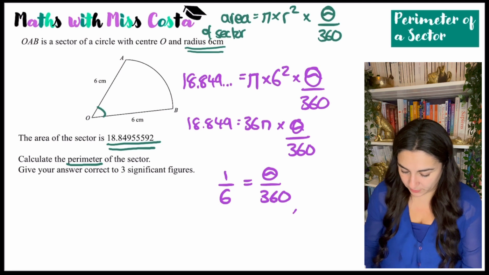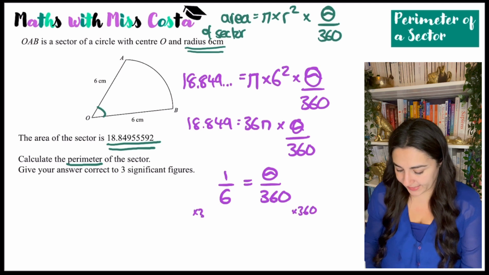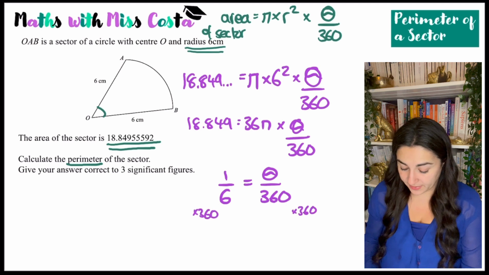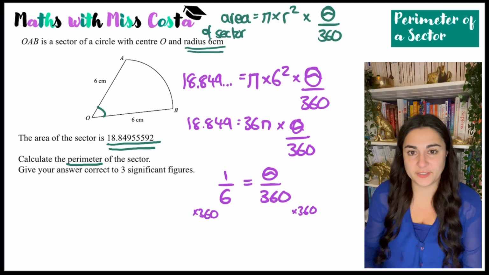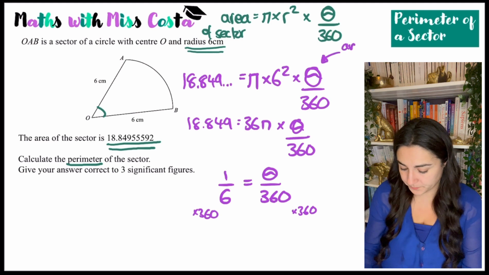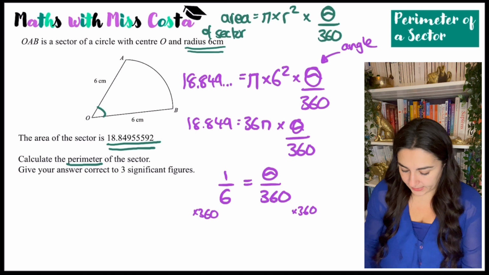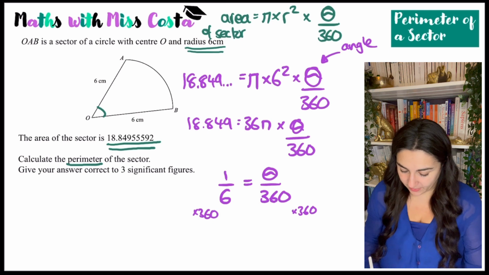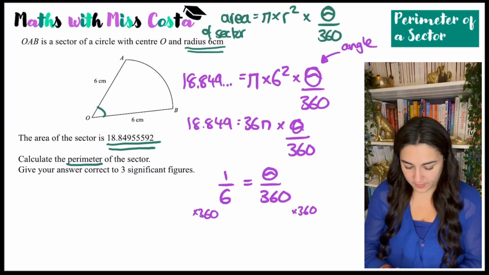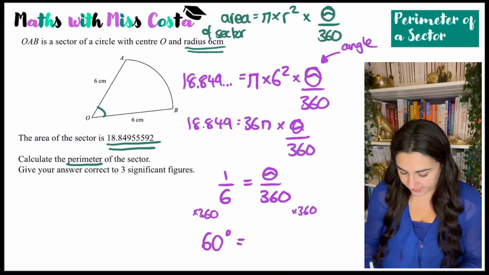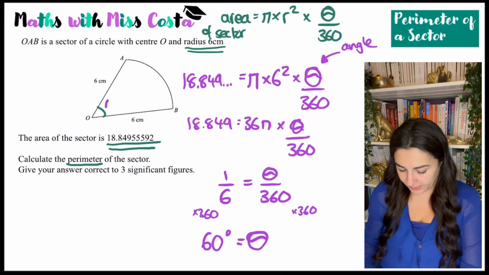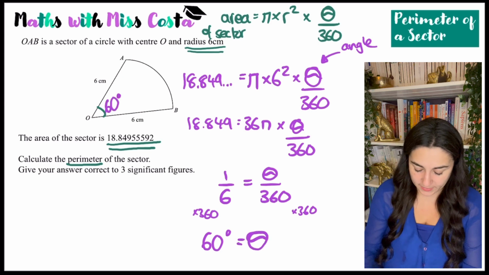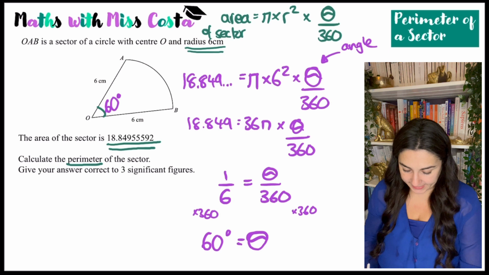So if I then multiply both sides of the equation by 360, just to solve this and find out what theta is, remember theta just represents the angle, I'd be left with 60 degrees must be theta. So I figured out what the size of this angle is. The size of the angle is 60 degrees.